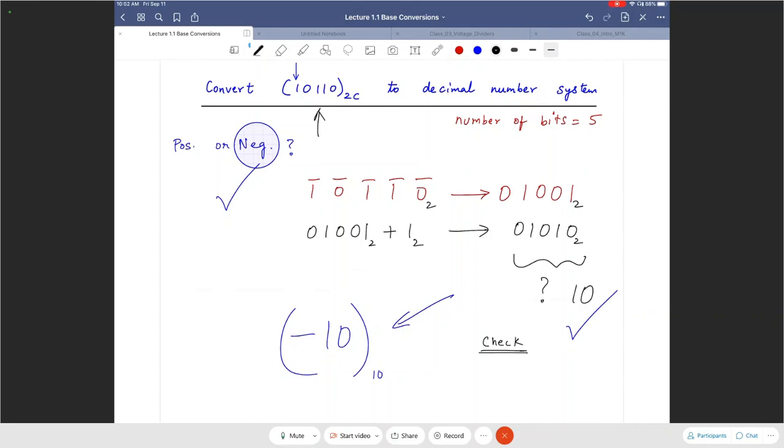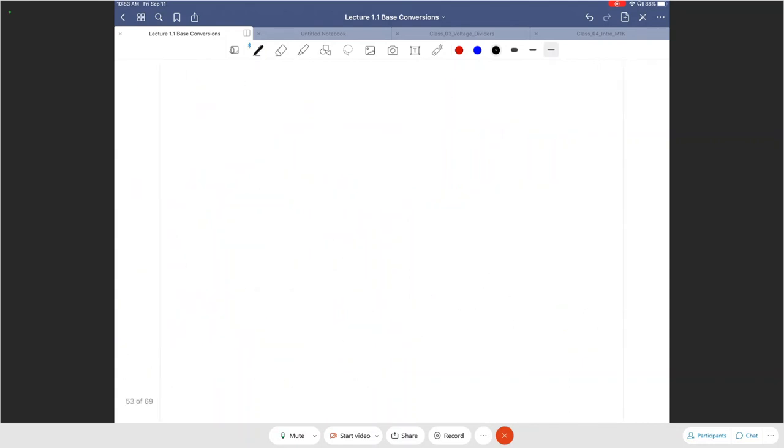So that's a good way of checking whether you are on the right track or not. Let's do it. Here, I've got negative 10 in its decimal form. I want to find out what it is in 2's complement form using 5 bits.